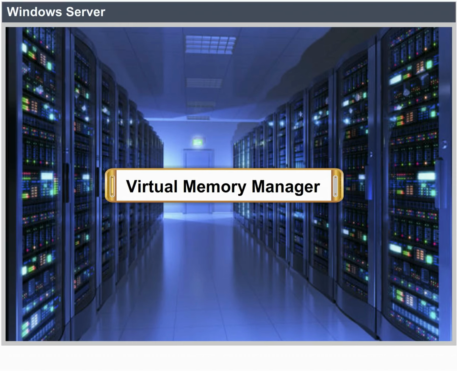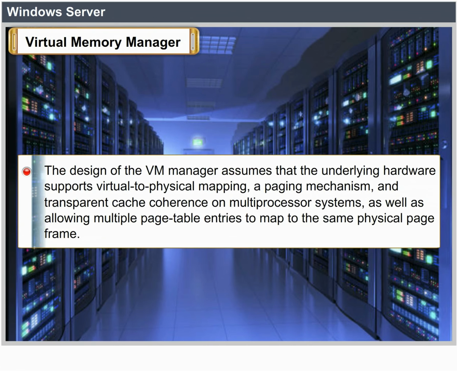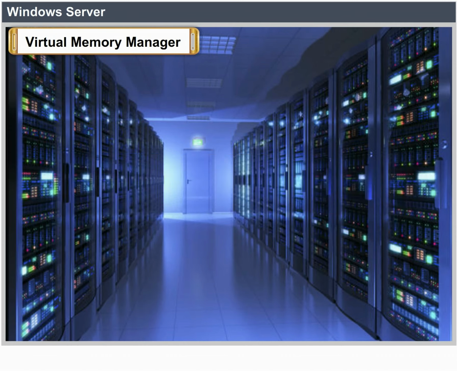Virtual Memory Manager. The executive component that manages the virtual address space, physical memory allocation, and paging is the Virtual Memory (VM) Manager. The design of the VM Manager assumes that the underlying hardware supports virtual to physical mapping, a paging mechanism, and transparent cache coherence on multiprocessor systems, as well as allowing multiple page table entries to map to the same physical page frame.